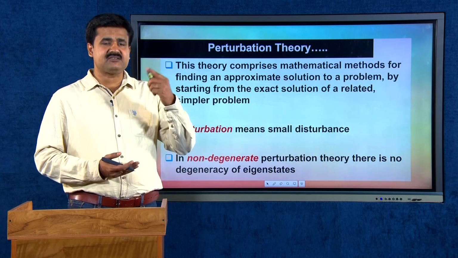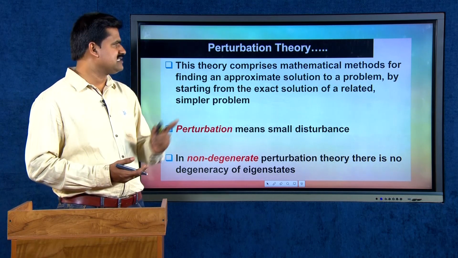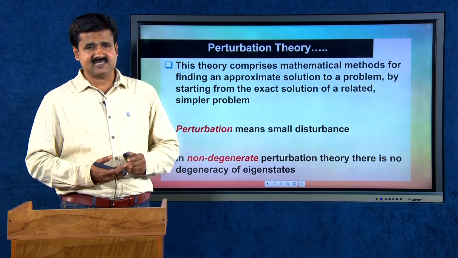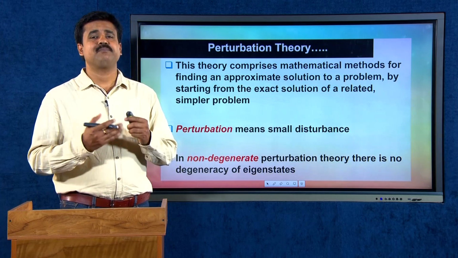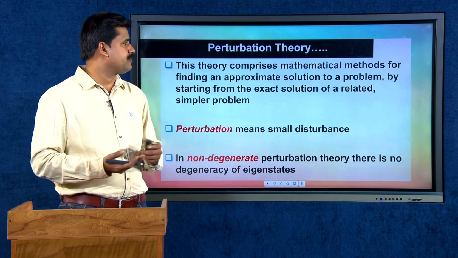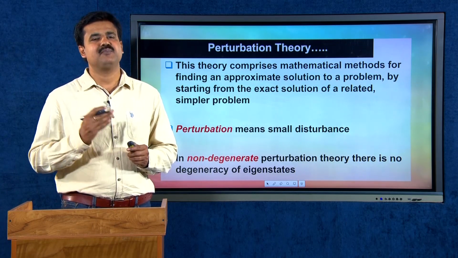Moving on to details of the perturbation theory. This theory comprises mathematical methods for finding an approximate solution to a problem by starting from the exact solution of a related simple problem.